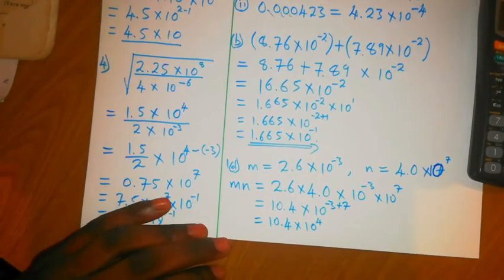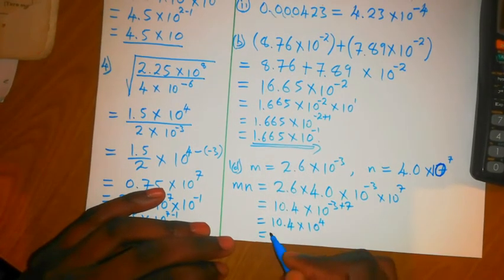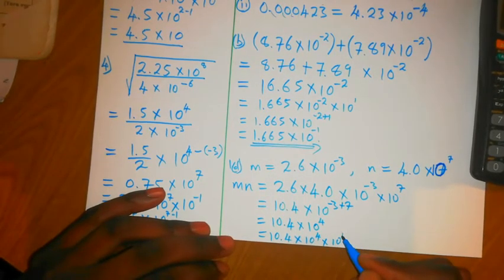I'll then convert this number into standard form. That's equal to 10.4 times 10 to the power 4 times 10 to the power, my comma is supposed to move how many times? 1, so power 1 there.